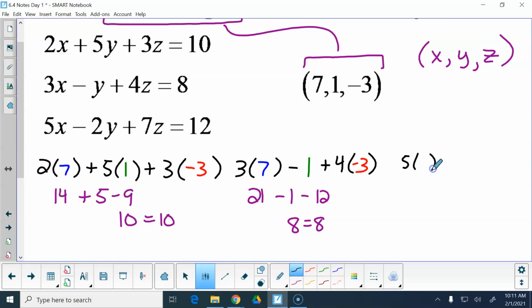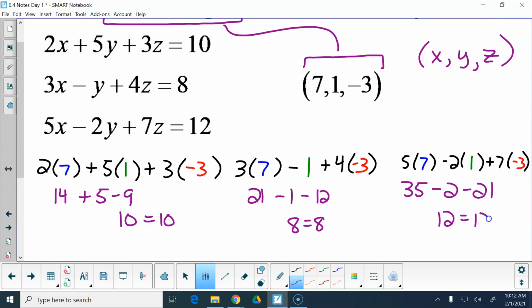5 times 7 minus 2 times 1 plus 7 times negative 3. 5 times 7 is 35 minus 2 minus 21. 35 minus 2 is 33 minus 21 is 12.